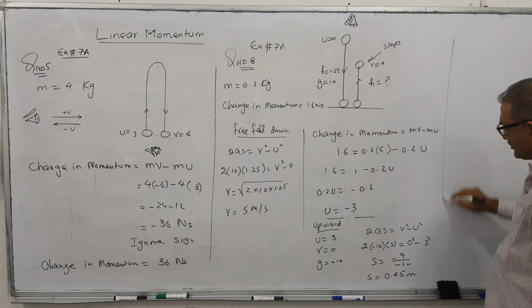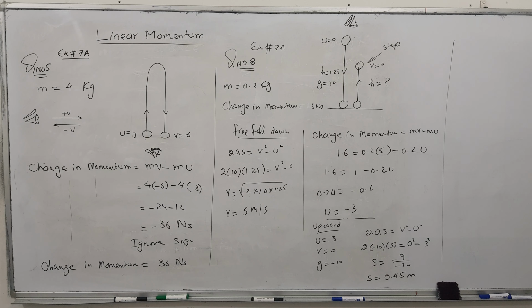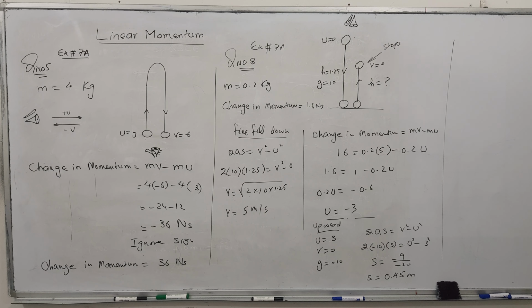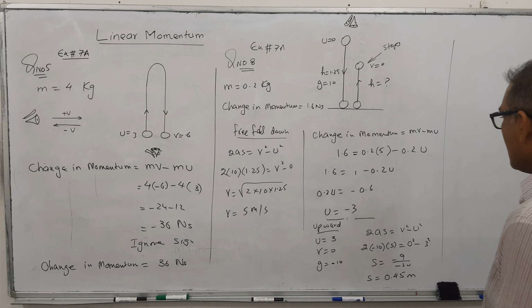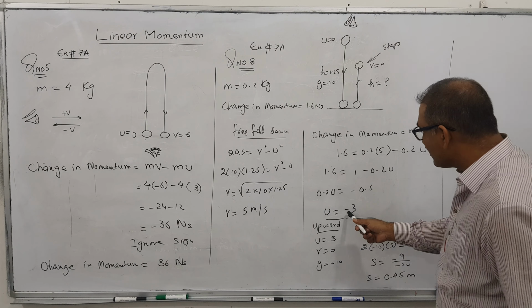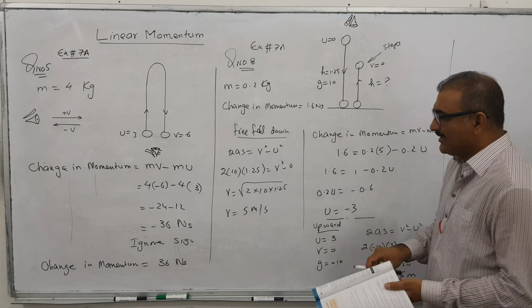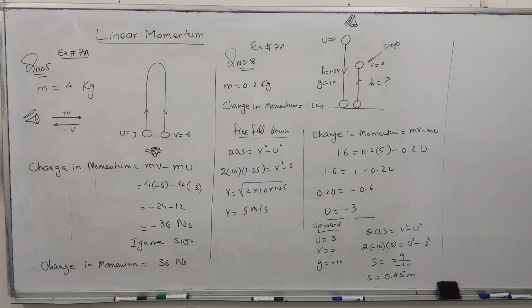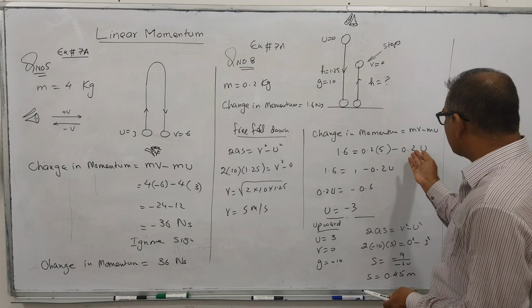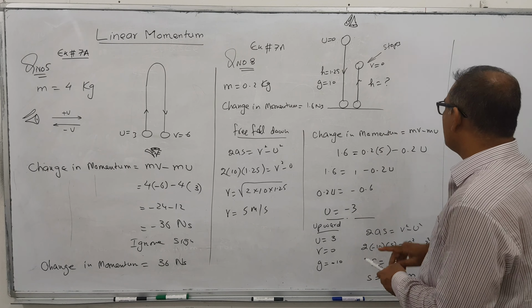So this is the whole story, and we can see here how I got the answer. I will explain again why I got this negative. Some students ask why we can't take it this way. No issue.